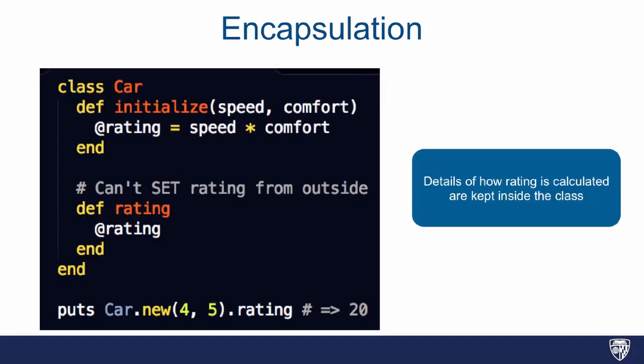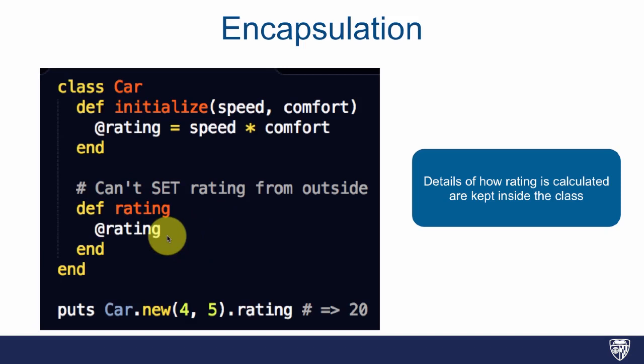So the idea of encapsulation is as follows. Let's say you have a car class that has a speed and comfort, which are used to calculate the rating of a car. And you have a rating method that right now happens to return the rating, which is an instance variable. But maybe later on, you're going to incorporate some other factors in how you calculate the rating.